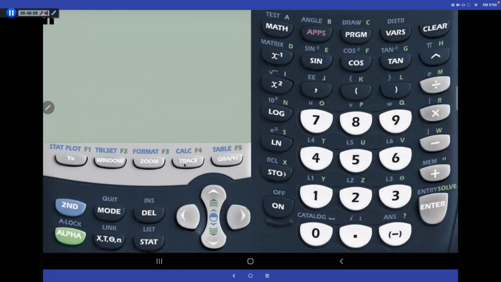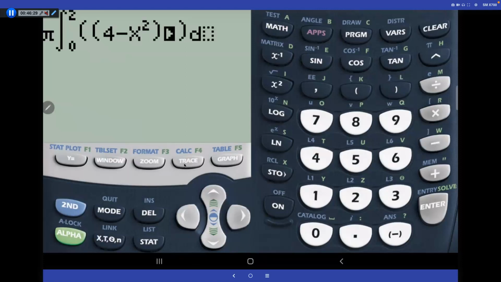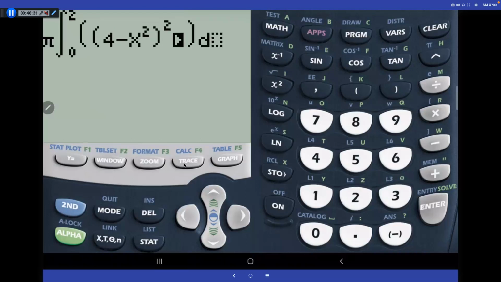If I put the pi in there, pi, and then math 9 from 0 to 2, and I'm going to have to put another set of parentheses here because I need to take that expression and square it.